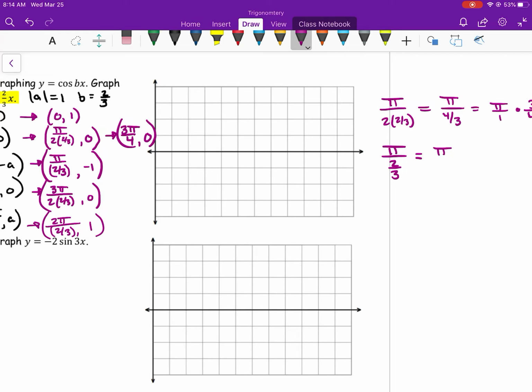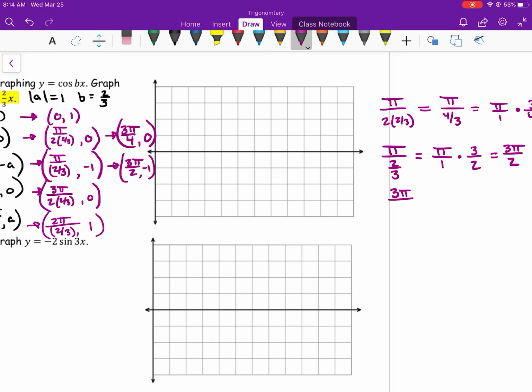Again, can't divide by fractions, so we multiply by the reciprocal of the denominator. So times 3 over 2, which equals 3 pi over 2. So we'll get 3 pi over 2, comma, negative 1.